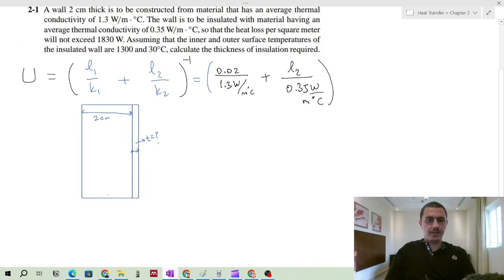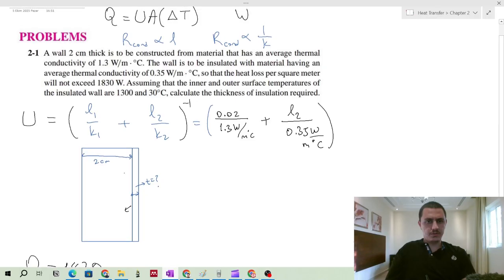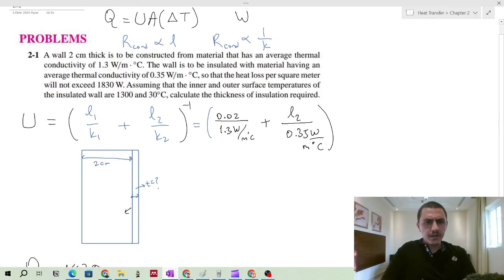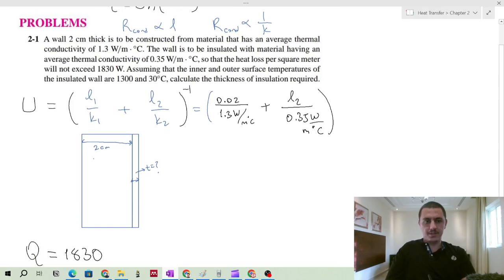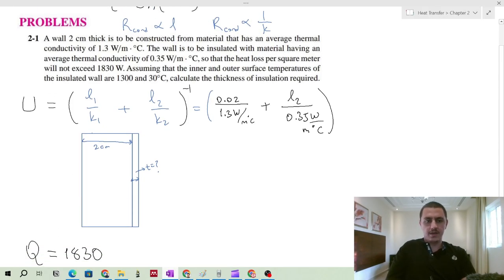So that means we have an unknown here in the term U. But if we keep going, we put Q, we know Q. It is 1830, assuming the inner and outer surface temperature of the insulated wall. Here you have inner and outer, so that means delta T. I thought if it gives us these two temperatures, we only use this domain, but it's not reasonable actually to do that because we use overall heat transfer coefficients only for multiple domains.